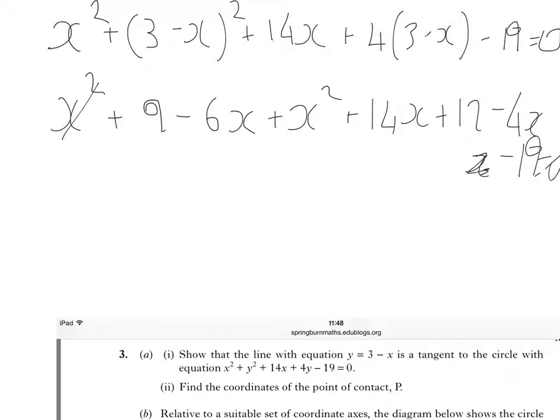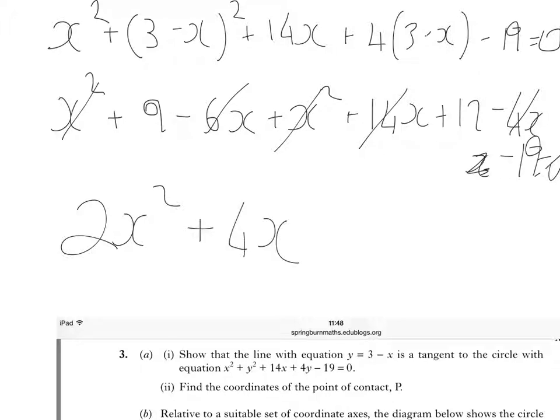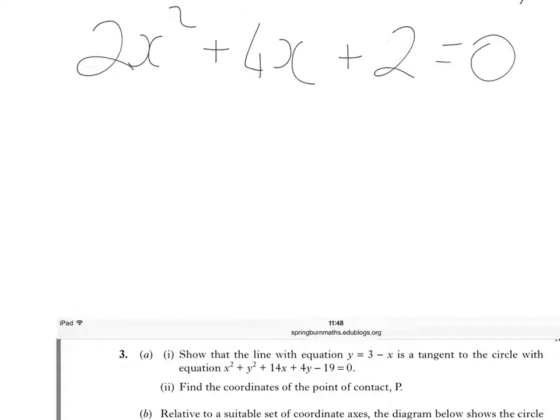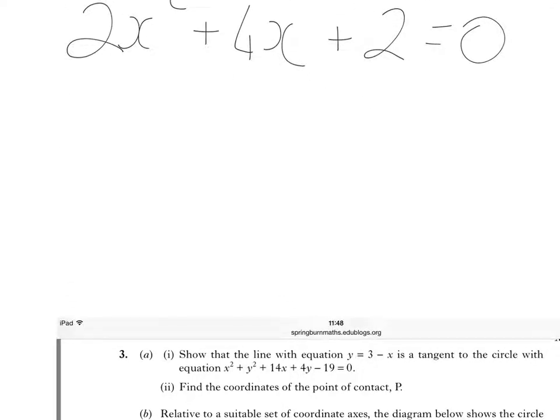So tidy it up. x squared plus x squared is 2x squared. Minus 6x plus 14x is 8x. 8x take away 4x is 4x. 9 plus 12 is 21. 21 take away 19 is 2. And I've got a quadratic equation which is 2x squared plus 4x plus 2 is equal to 0.